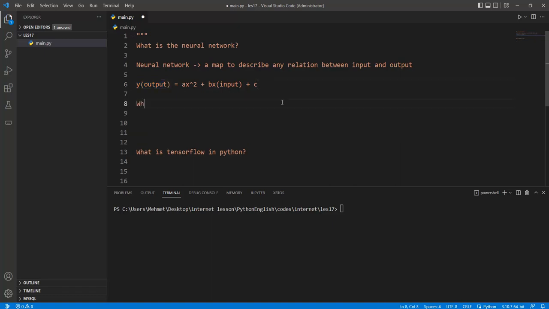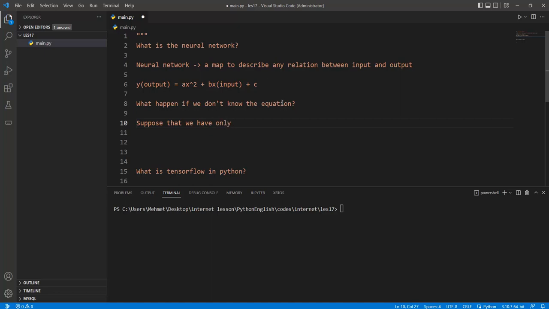But what happens if you don't know the equation? Suppose that we have only the x input and y output, so how can we relate the y with the x input value in here?